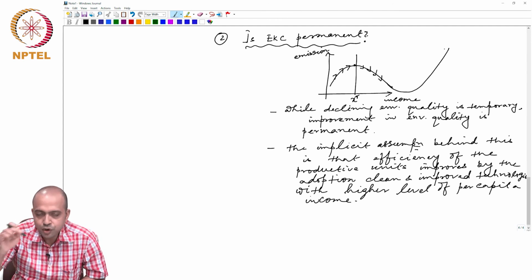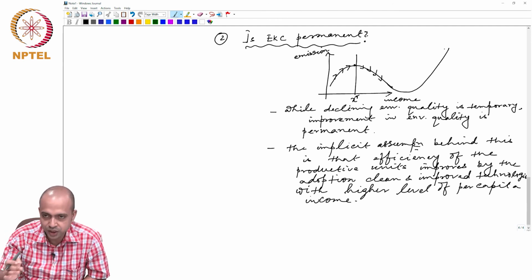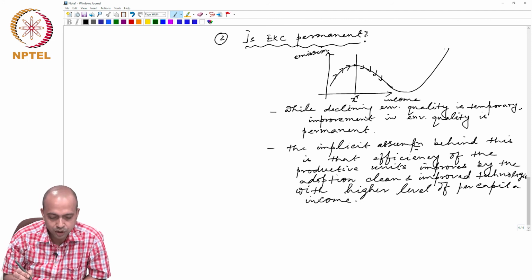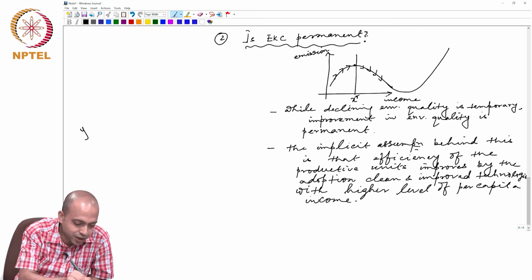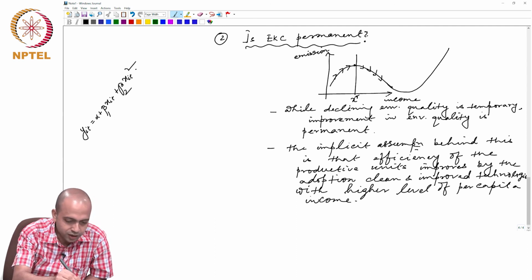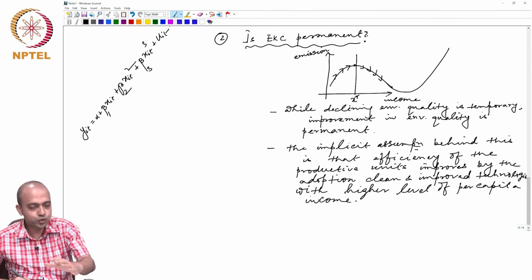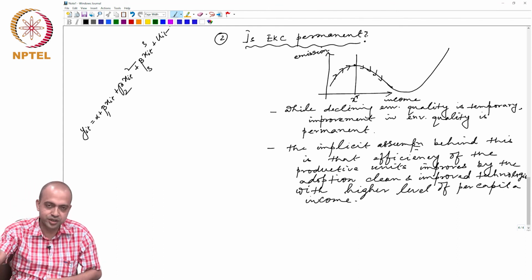So, if we assume this type of upward swing in the relationship between emission and income, then the functional form we assumed earlier, y_it equals alpha plus beta 1 x_it plus beta 2 x_it squared, we have to add one cubic term also, beta 3 x_it cubed plus u_it. So, this should now be the functional form to represent this upward swing.